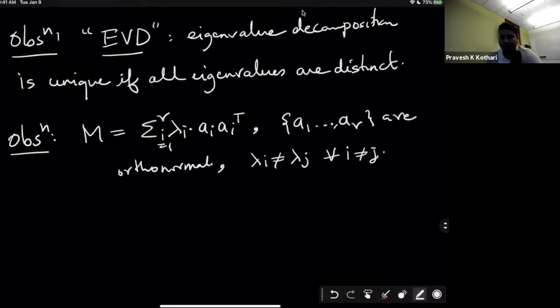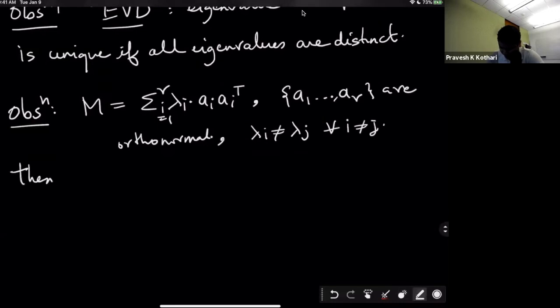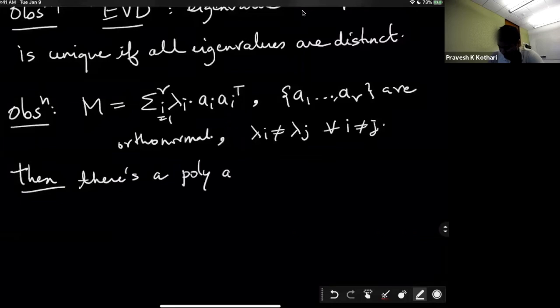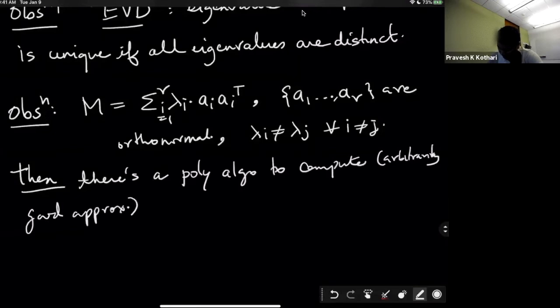Suppose M is a matrix, and here is one of the decompositions I really care about. Then there's a polynomial time algorithm to compute arbitrarily good approximations to a_1 up to a_R. Also lambda_1 up to lambda_R, but my interest is in the components. So let me just say a_1 through a_R.